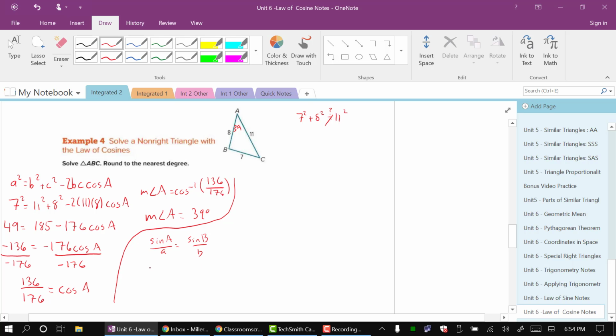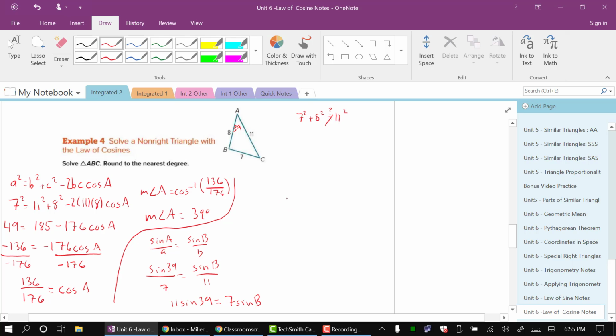Plug in. So that gives me sine 39 that I just solved for over 7 equals sine B, which is what I'm solving for, over 11. Cross multiply this up. This gives me 11 sine 39 equals 7 sine B.